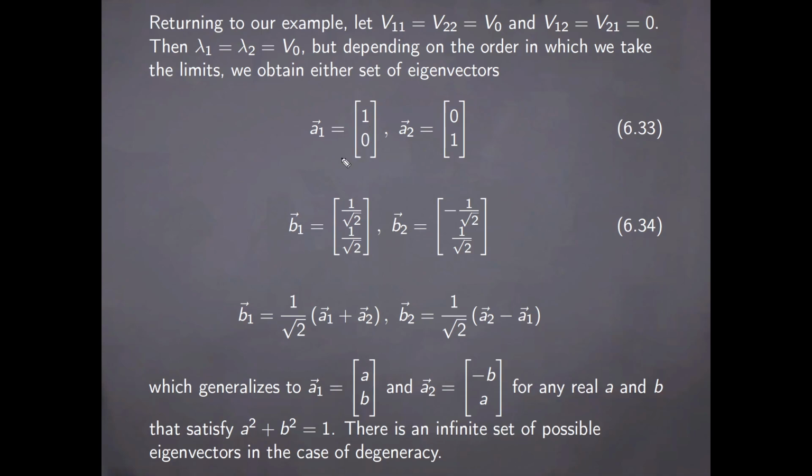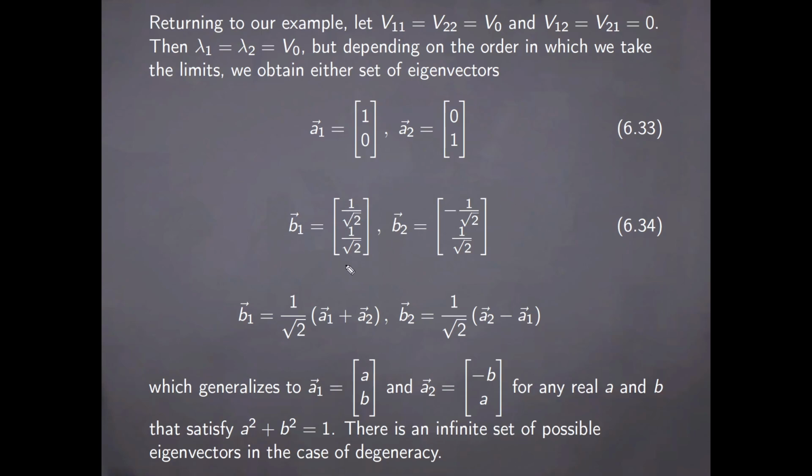So you can see that if we were to map these to the real Euclidean space, in the first case we just obtain the x and y directions, and the second case is the previous set rotated by pi over 4 about the z-axis.